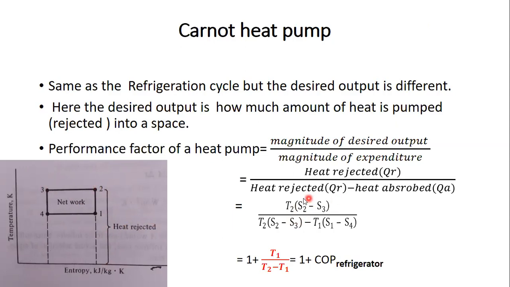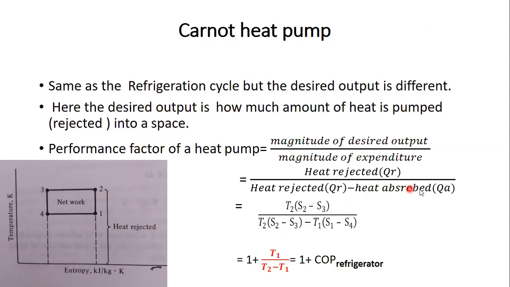So what is the heat rejected during 2 to 3? It is the temperature of this process multiplied by the entropy change during this process. T2 and T3 are the same here, so we are taking it as T2. So it is T2 times (S2 minus S3).